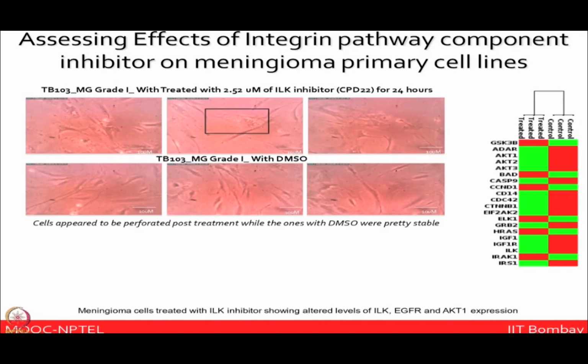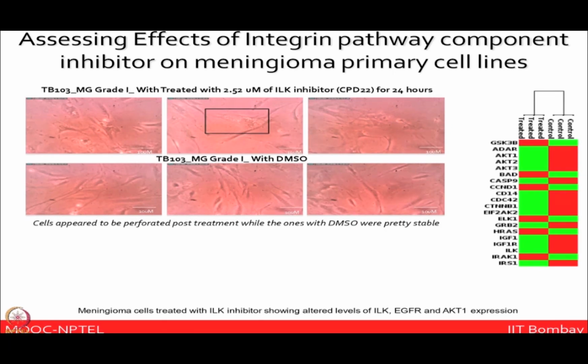And interestingly, it showed that this inhibitor could potentially affect the targets we discussed in the network analysis. And after doing real time PCR analysis, some of these targets were again confirmed, showing that this particular inhibitor has perturbed these genes of interest.